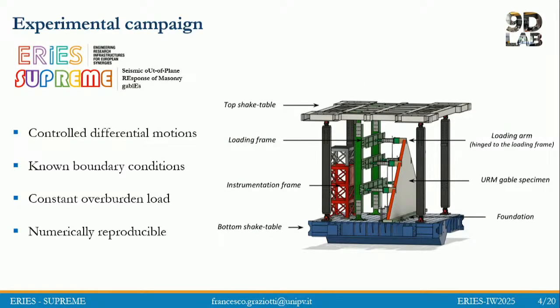So the idea of this Supreme, now you see how it is possible to go from seismic out-of-plane response of masonry gable to Supreme. Dr. Sharma from TU Delft had this fantastic idea. The main goal of the test was to test these gables controlling the two differential motions in terms of displacement and acceleration.